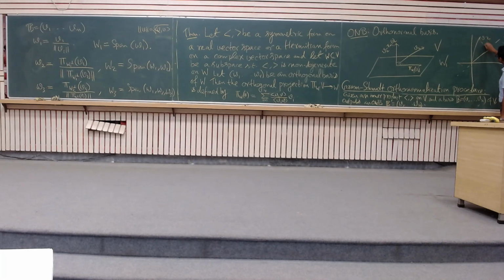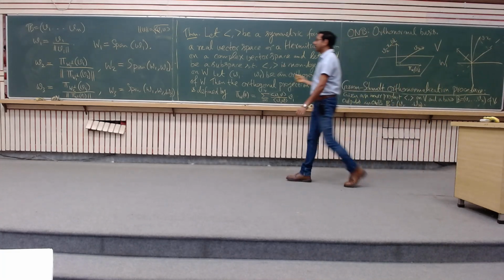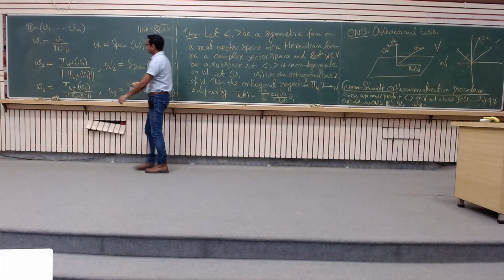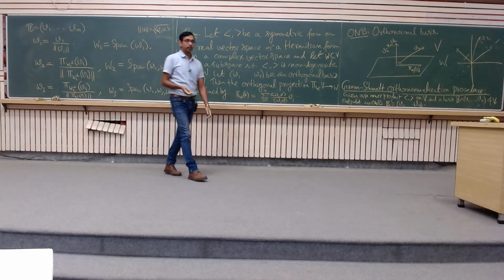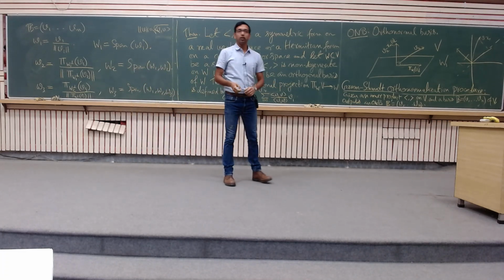Then you are projecting it on W1, and then you are taking its orthogonal complement. So this would be the next thing, that perpendicular, right? And then you are normalizing it. So you are taking the unit vector along this direction. Yes, we are continuing to do so till we get the nth vector in our basis. Yes, Vishesh, you understood the entire thing? Okay.